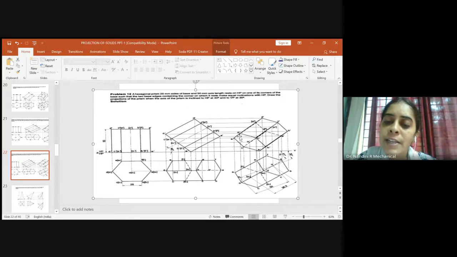So the continuous line is for D1 dash to D dash. But along with that, we have one more side, E1 dash to E dash, which is passing through inside the surface. So this line should be hidden. So E1 dash to E dash will be a hidden line. So you can identify a hidden line drawn parallelly here.